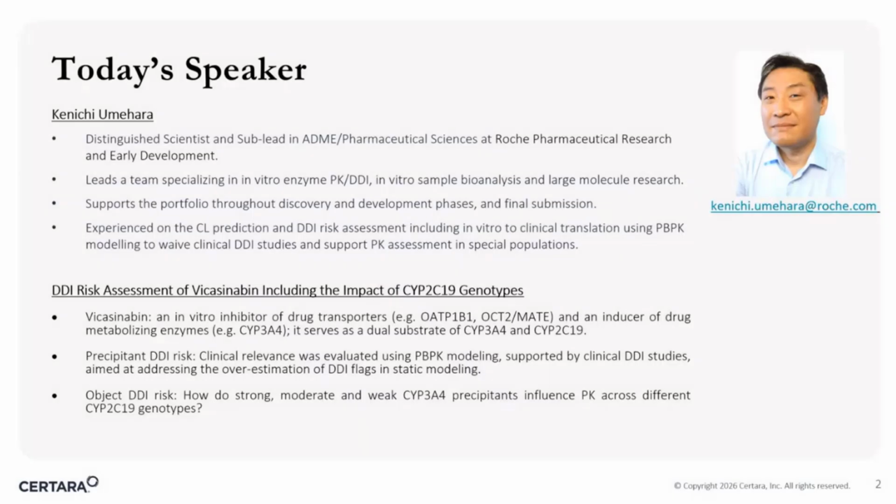I'm sure most of you will be aware of his experience in clearance prediction and DDI risk assessment, especially in translation using PBPK. That's generally the topic that we asked him to present on in his recent publication, looking at the DDI risk assessment for Vicasinabin, and the impact of the 2C19 genotypes. So without further ado, I'll pass over to you, Kenichi. Thanks again for agreeing to talk.